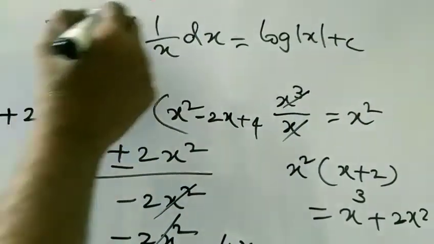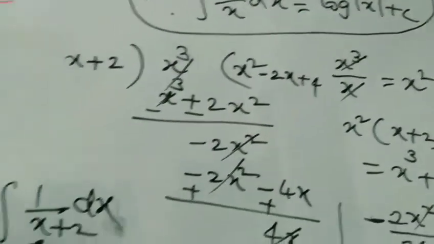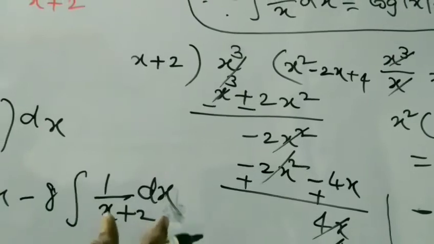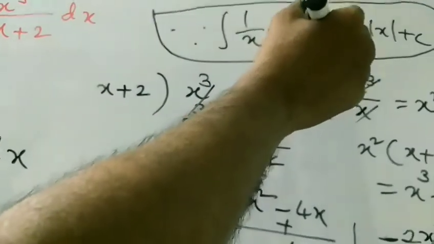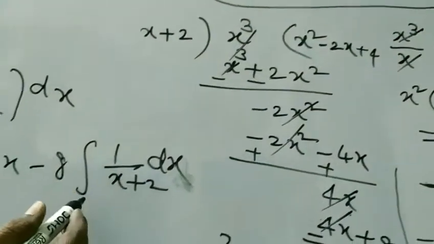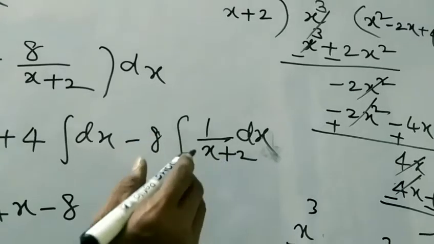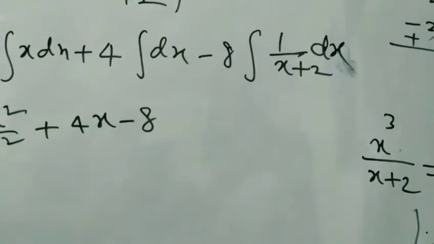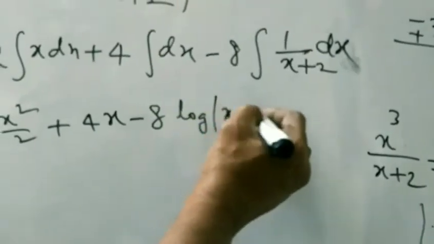So here it is in terms of 1 by x. The integral of 1 by x plus 2 dx is in terms of the integral of 1 by x dx, equal to log mod x plus 2. So here also log modulus x plus 2 plus c, minus 8 into log modulus x plus 2.